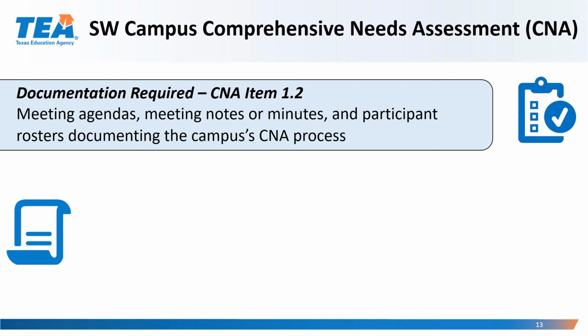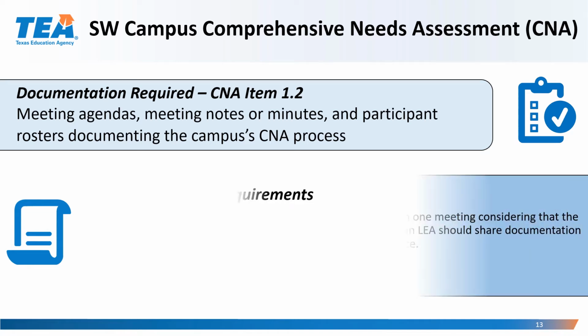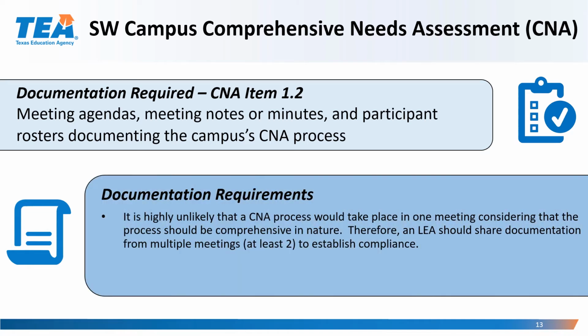The documentation required for item 1.2 includes meeting agendas, meeting notes or minutes, and participant rosters documenting the campus's CNA process. There are several documentation requirements that the LEA should be aware of. It is highly unlikely that a CNA process would take place in one meeting, considering that the process should be comprehensive in nature.